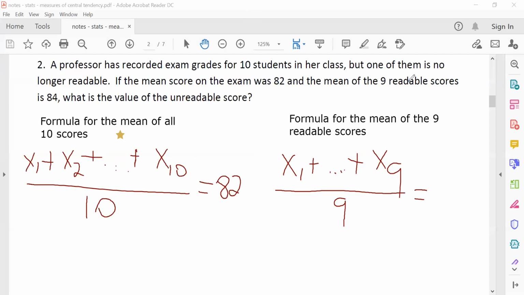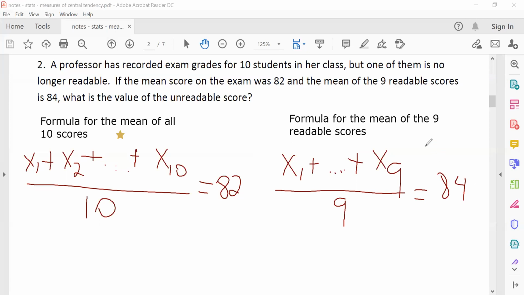Well, the mean of the 9 readable scores is 84, exactly. Because the problem tells us that. So if we add up just the first 9 scores and divide by 9, that should come out to 84.